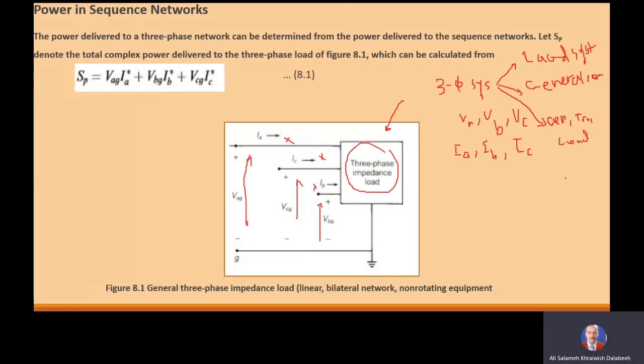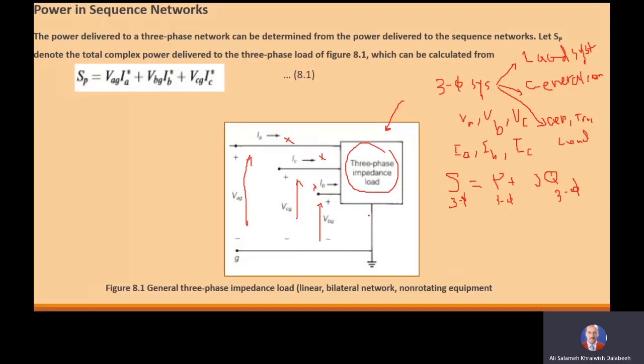Okay, in these systems, we always need to calculate the apparent power, S, which is composed of the active power and the reactive power. For the three-phase system, S equals P, the active power of the three-phase system, plus the reactive power, also for the three-phase system.